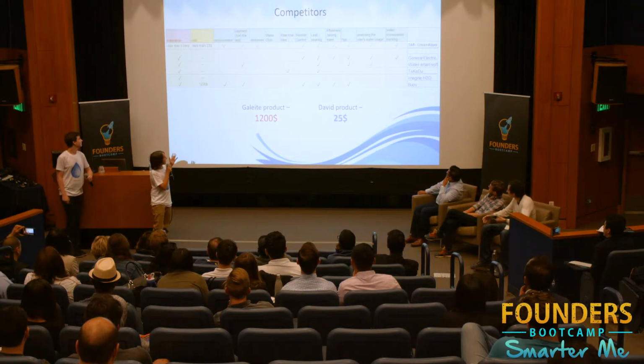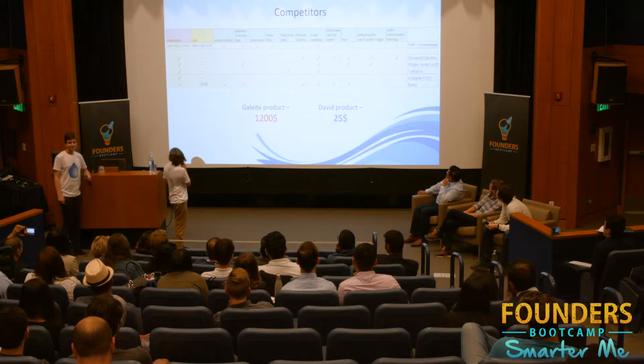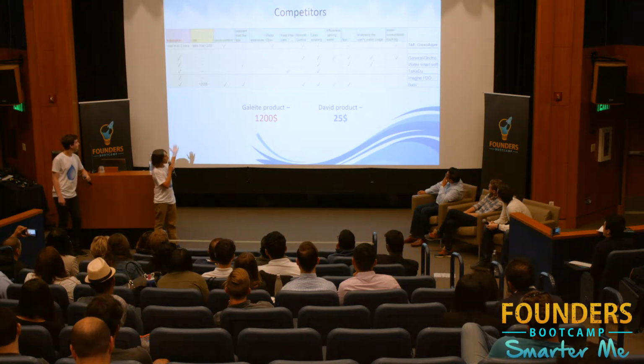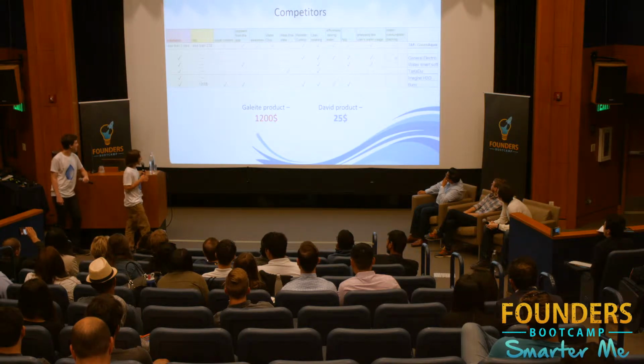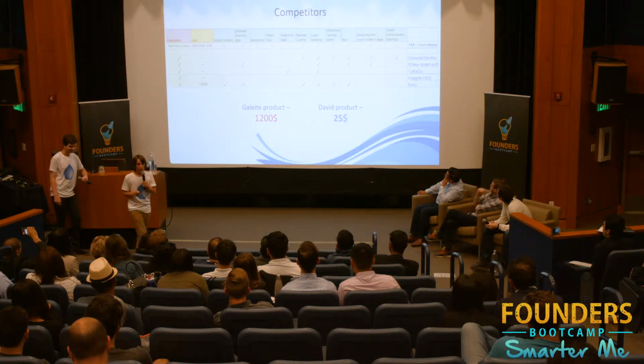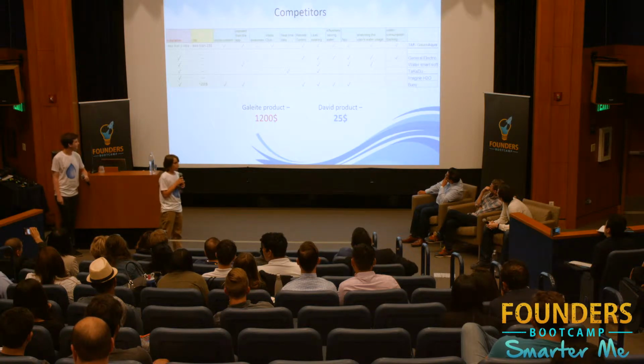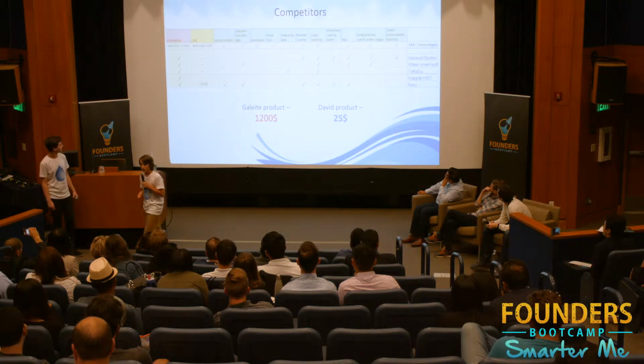Look at this table of competitors. You can see clearly our advantages, but look at the bottom line. The other companies cost thousands of dollars for one house. But our product, we found a breakthrough.